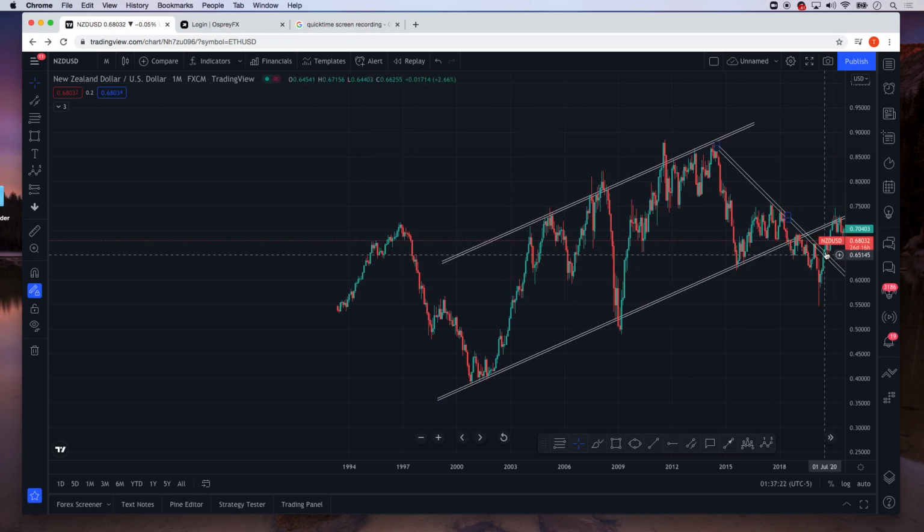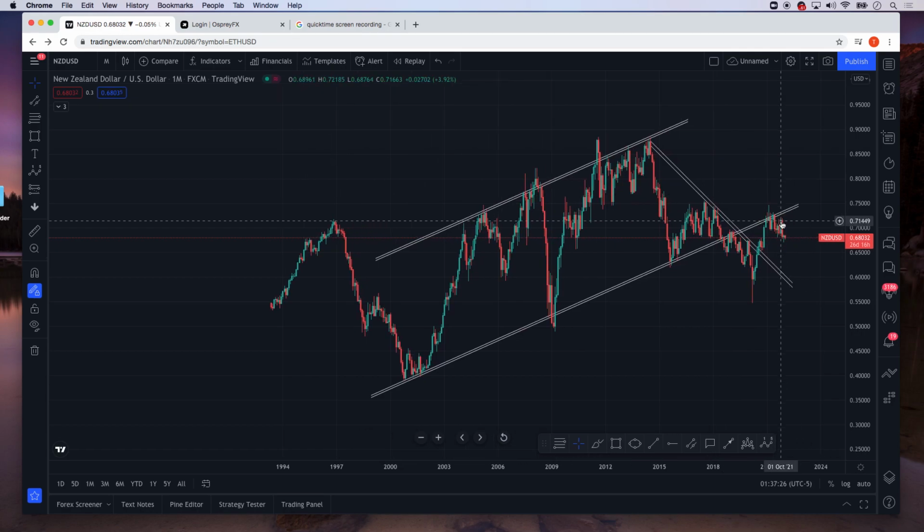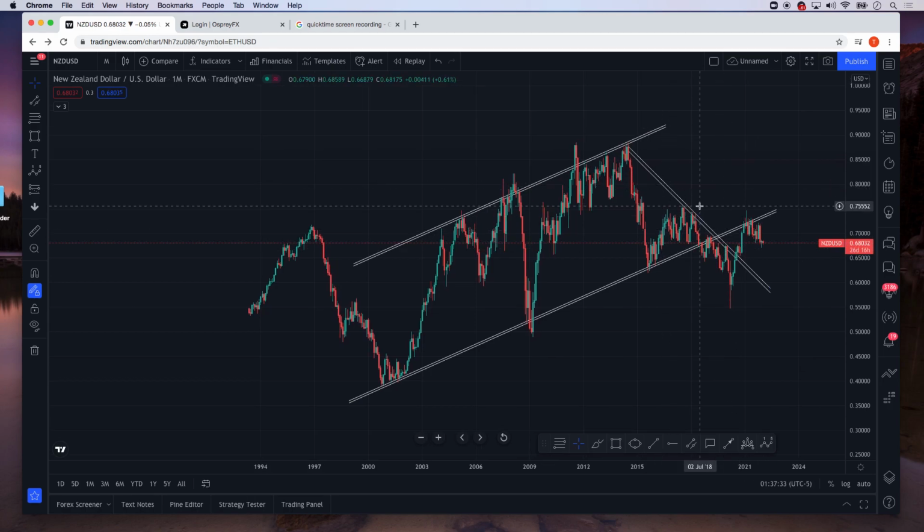Now we have a breakout, retest, and then it shot up just a little bit. It didn't shoot up much. Anyway, now price looks like it's ready to come down, but I don't want to get too much into this, because this is something that deals with my strategy.